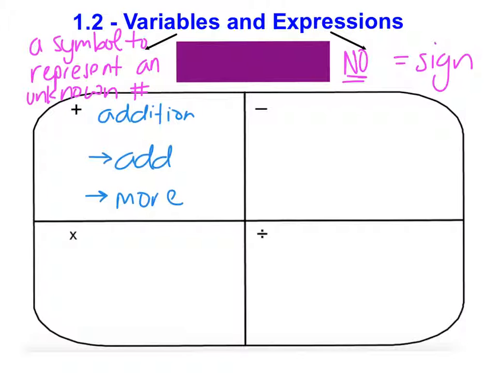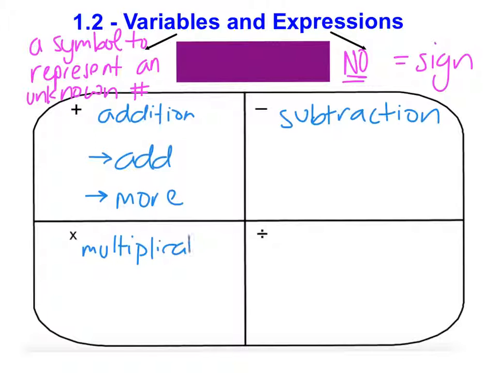We are going to do the same thing for subtraction, multiplication, and division. So all 4 of them have so many different phrases that represent them, and your job is to fill in as many as possible. And we'll go over them more in depth in class.